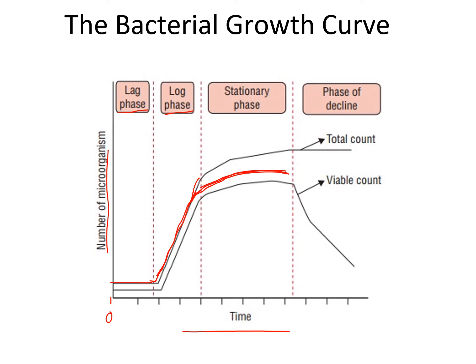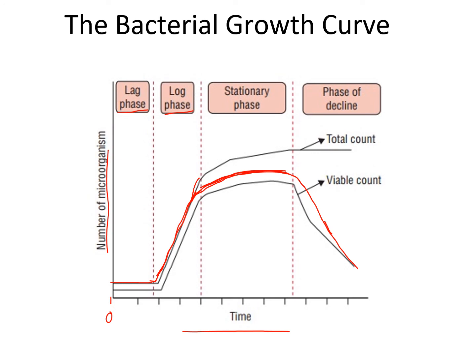So after stationary phase, then that population of bacteria will start into the decline phase. And the decline phase, this is where you have bacteria dying. So more bacteria are dying than are replicating. And the reason for this is the same as the stationary phase.